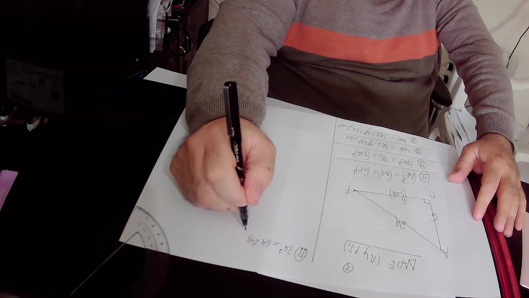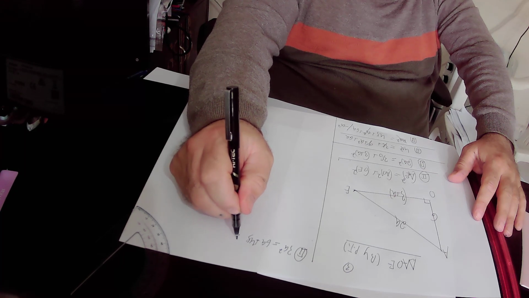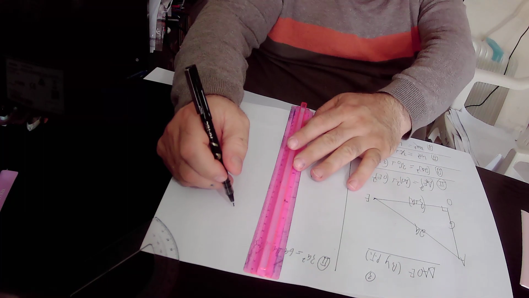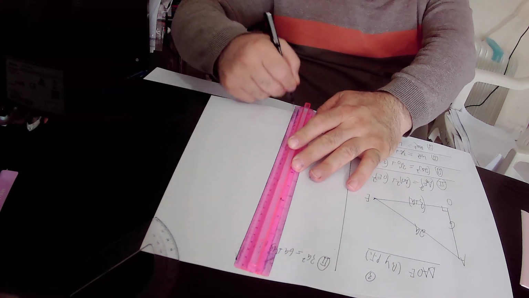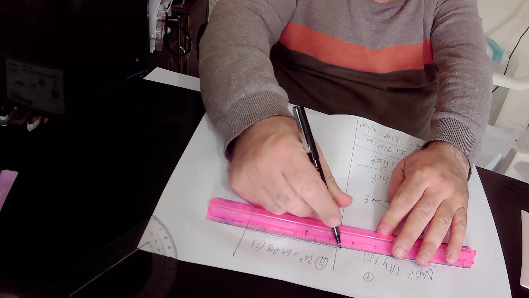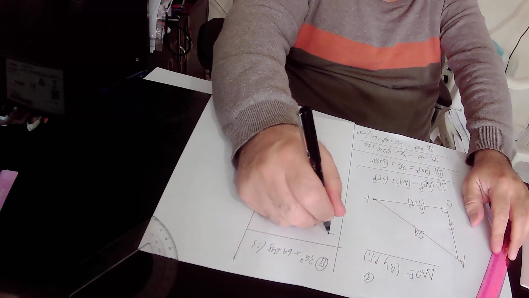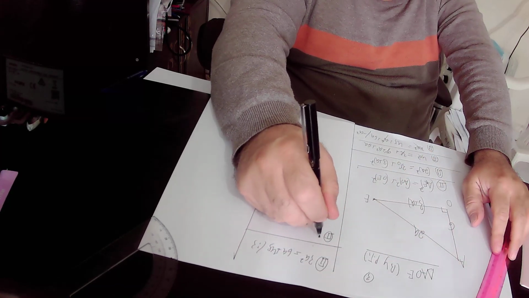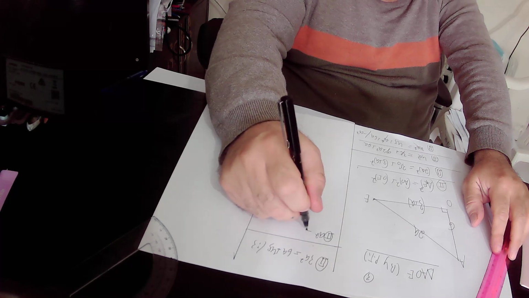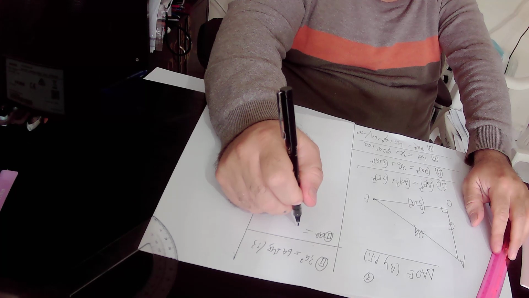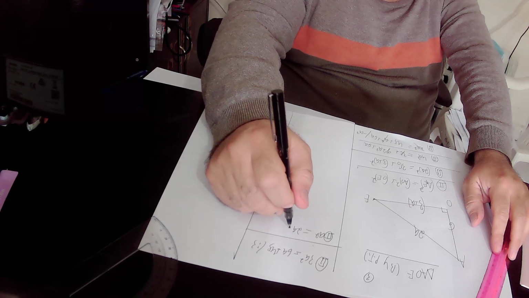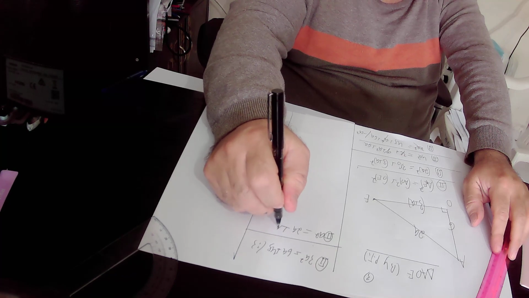Here we'll divide equation number 2 by 3, and we'll get that a squared equals 6a over 3, which is 2a, plus 45 over 3, which is 15.